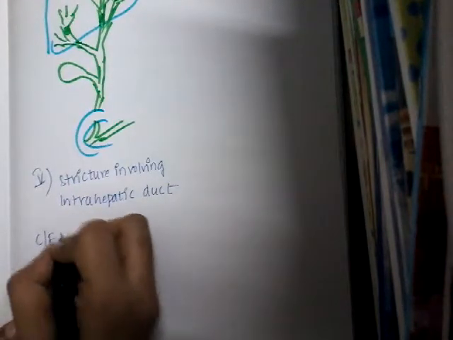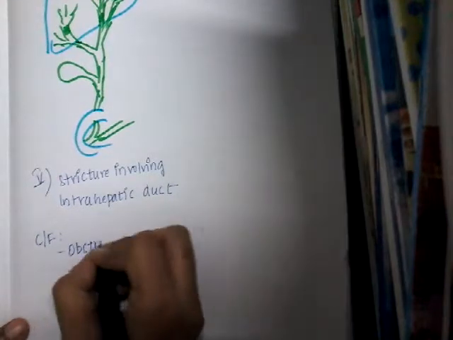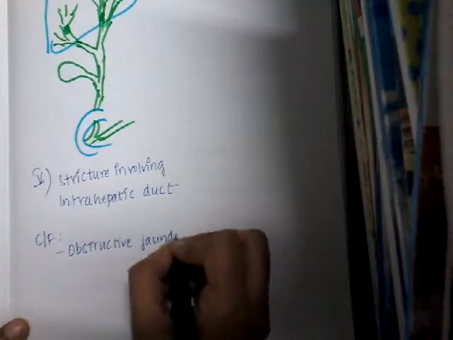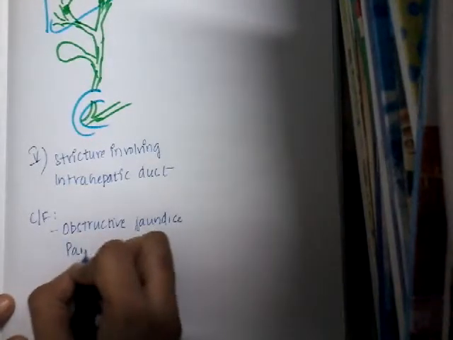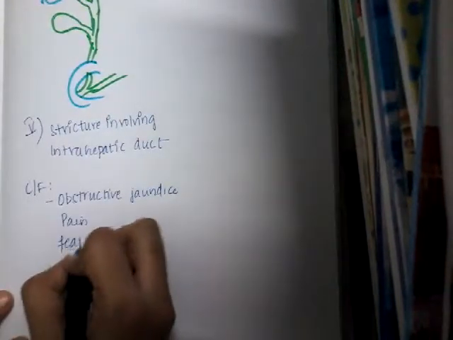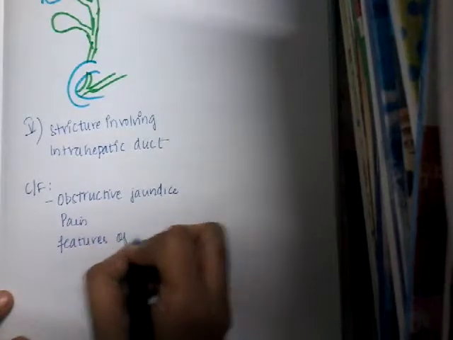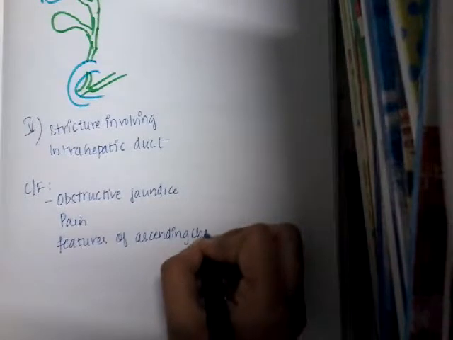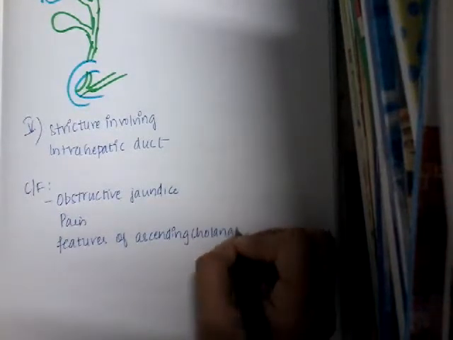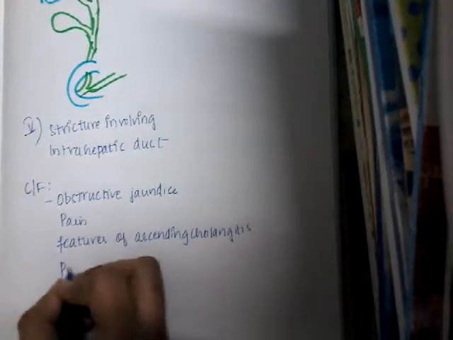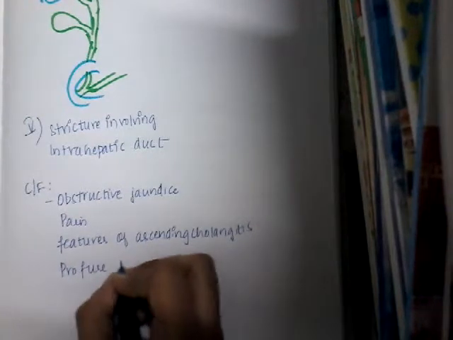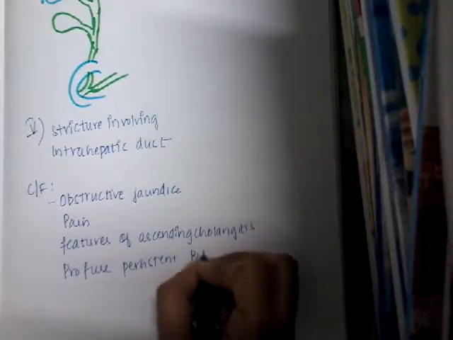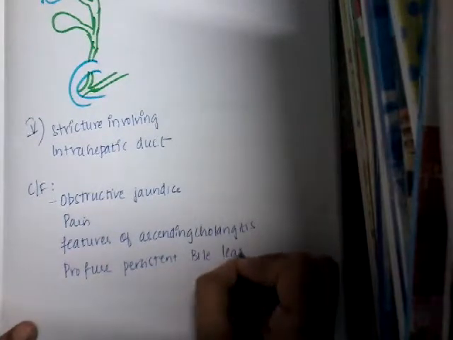So what are the clinical features that you see? Because of the stricture, there is obstructive jaundice, and then there is pain. There are features of ascending cholangitis. There can be profuse, persistent bile leak.